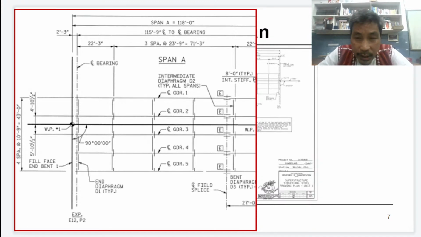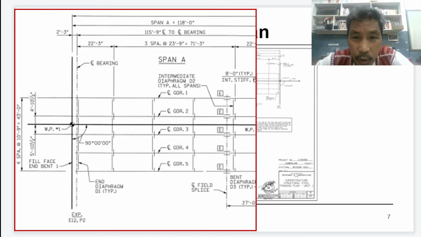So 23.75. That is equivalent to 23.75 times 3. So there are 3 of them. So what is the answer? 71.